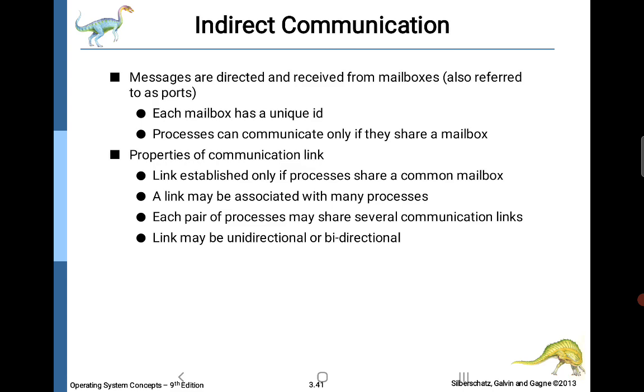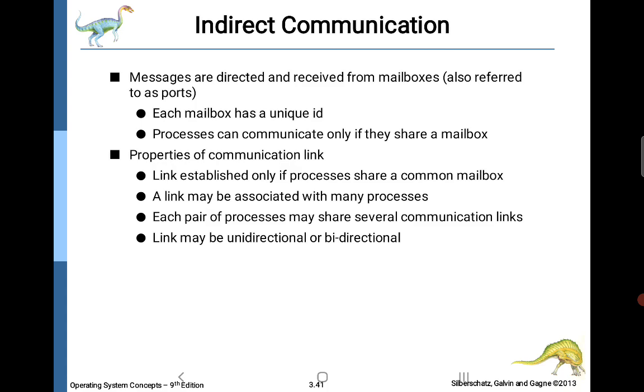For that to happen, mailboxes have to have IDs. For direct communication, we were talking about process IDs, here we name the mailbox, not the process. The address of the mailbox is the most important. So each mailbox has to have a unique ID.